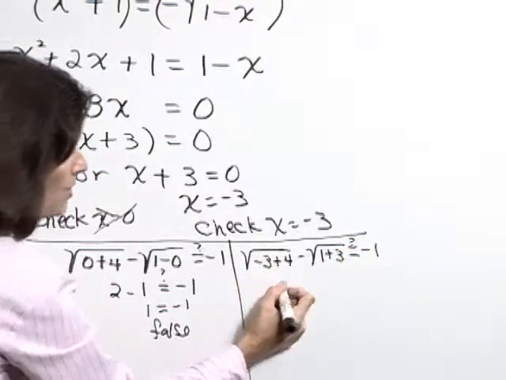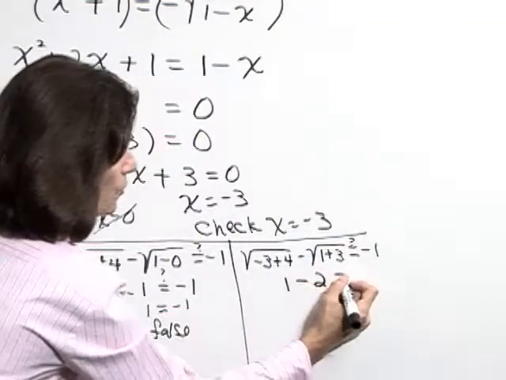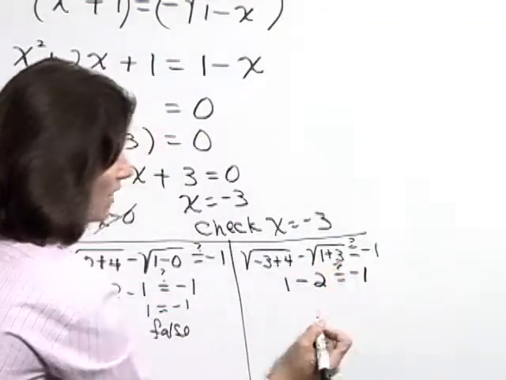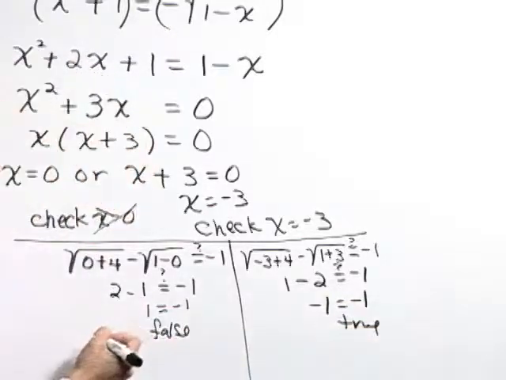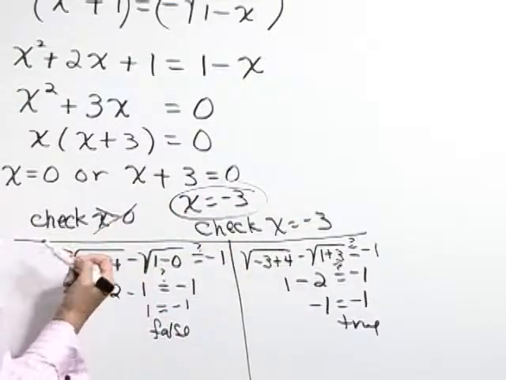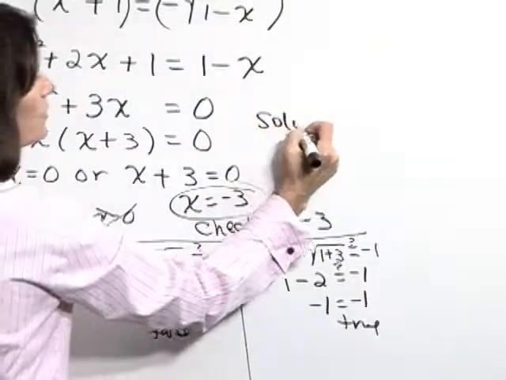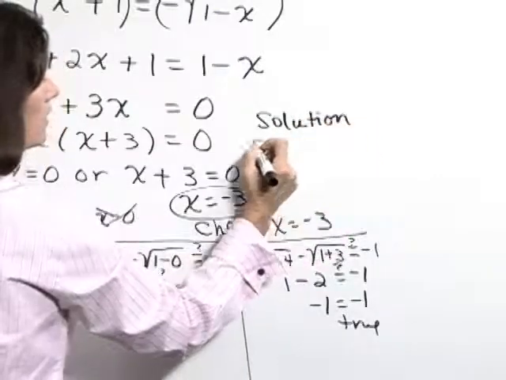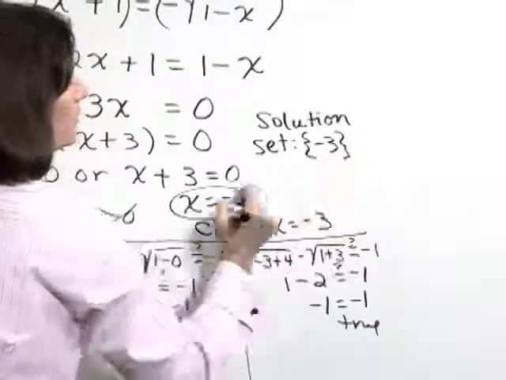That's the square root of 1, or 1, minus the square root of 4 is 2. Is that equal to -1? Yes, it is. That is true. Okay, so we've got one solution to this equation. It is x equal -3. Let's write then that the solution set is -3.